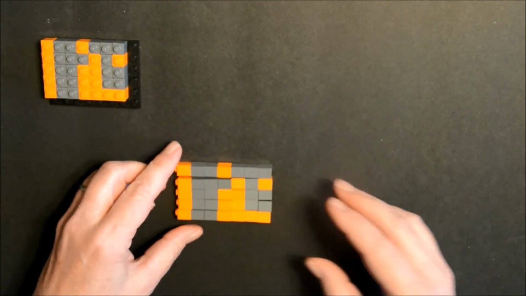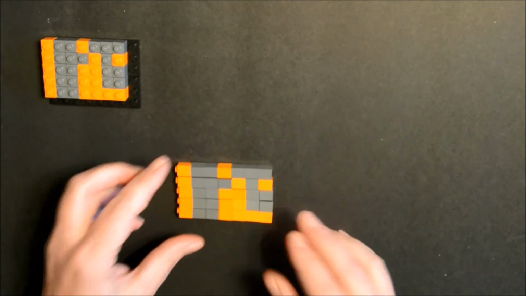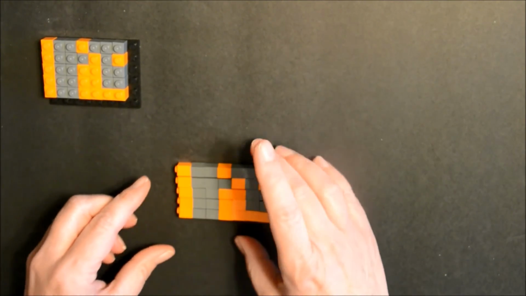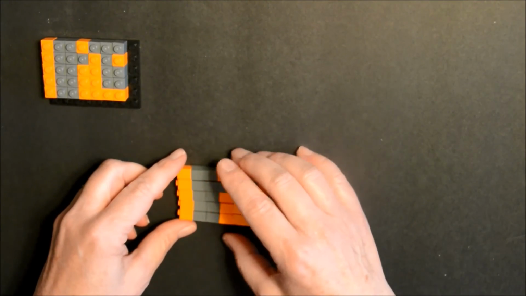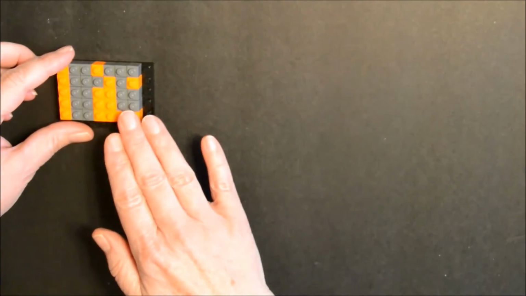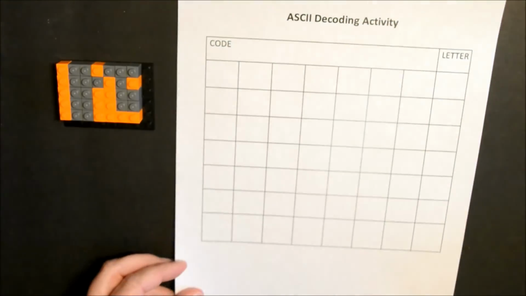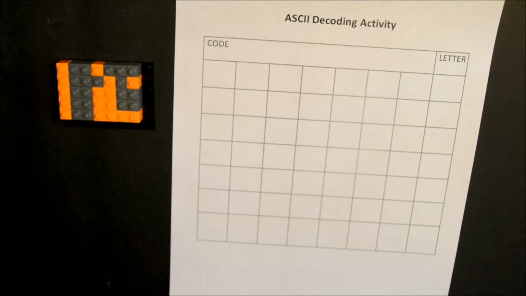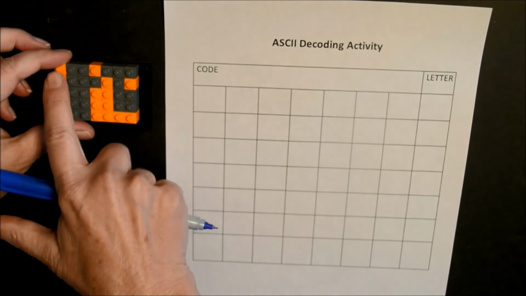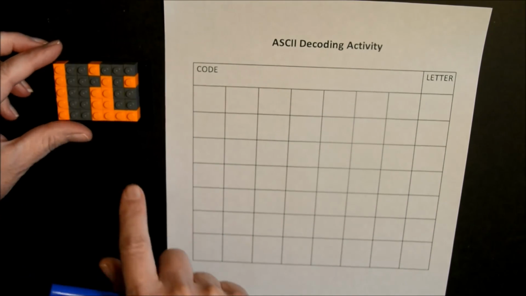So for the sake of this demonstration, in a normal classroom setting, if you use this approach, you would just start and decode these letters. But for this demonstration, I'm going to use the word that I built on the block that I had available. So what your students will do is start at the top and decode each letter.